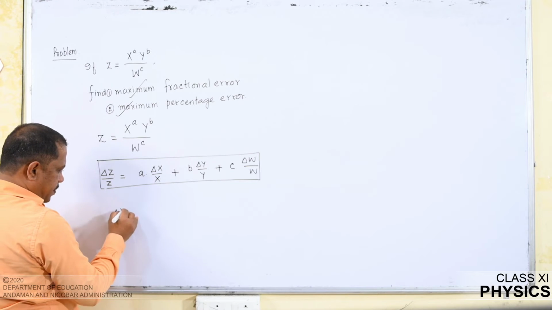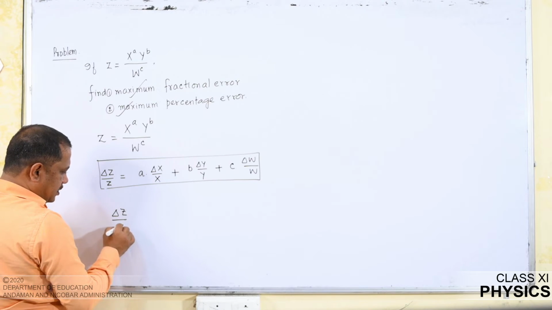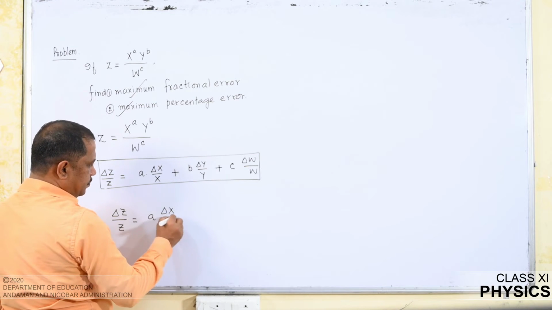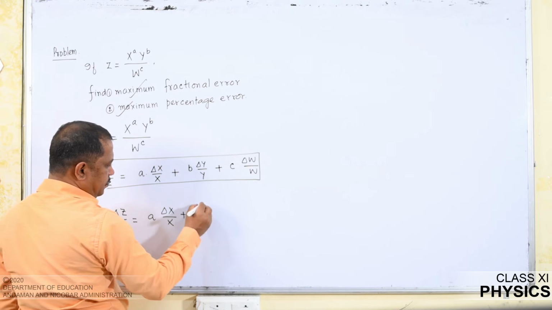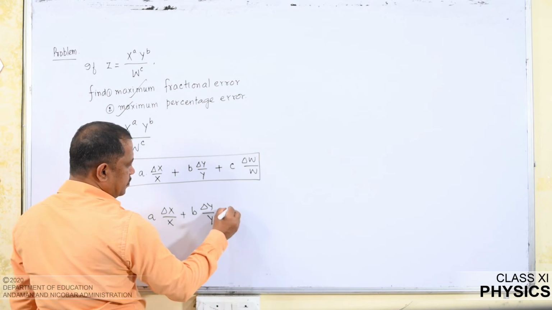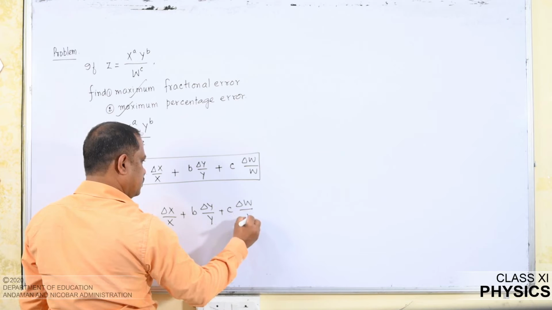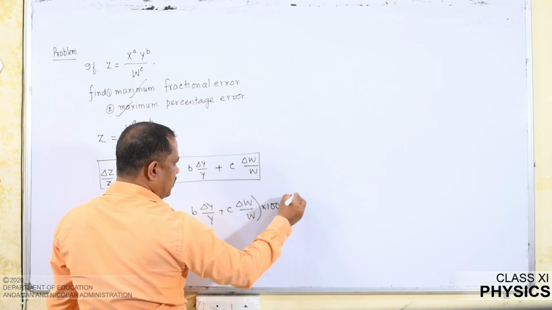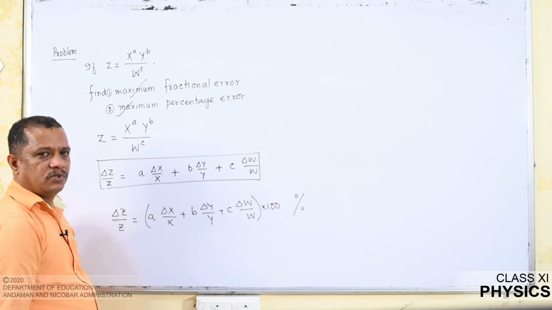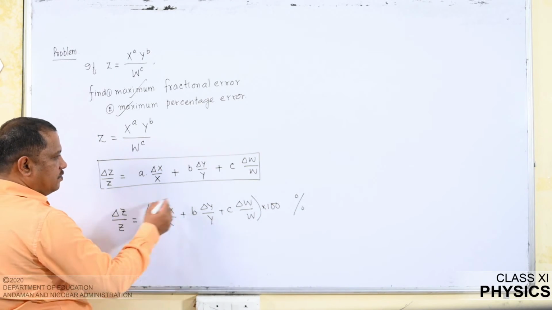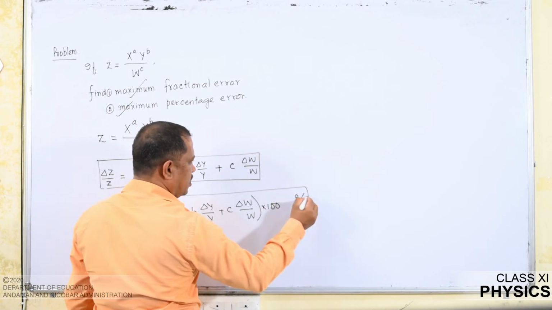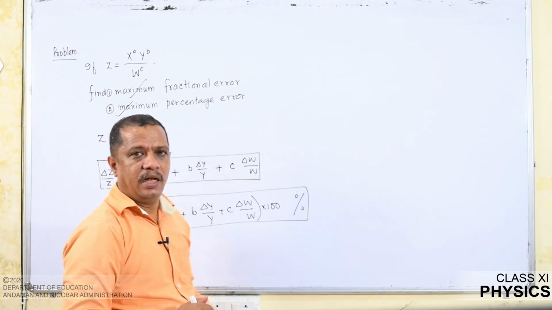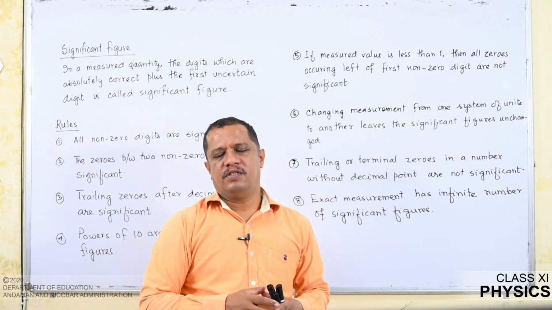Otherwise, delta z by z is equal to this, and if I multiply this by 100, then whatever value I get, I am going to write in terms of percent. So, this will be the maximum percentage error that will be present when I do this calculation. Let us move on to another concept.